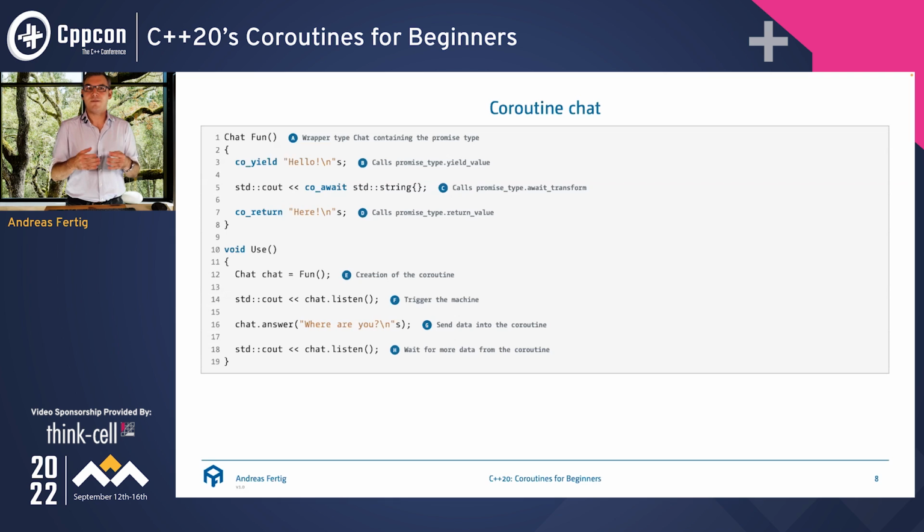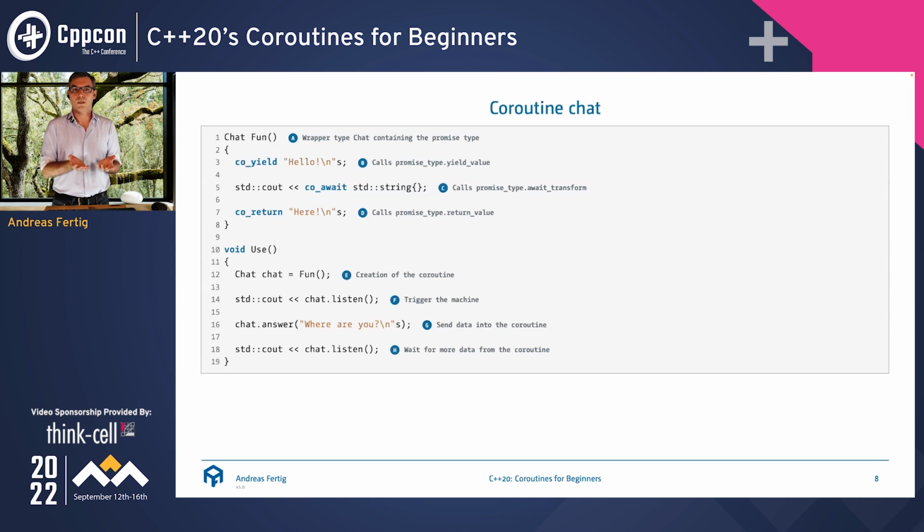And then in line number 7, my co_return reaches into the promise type for a function called return_value. So this is my coroutine, which starts by saying hello, and then it waits for some input before it replies with a result here.